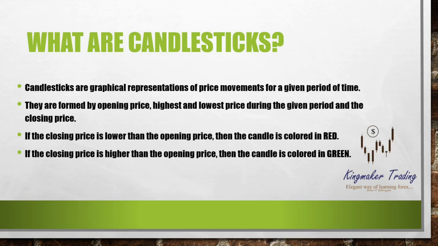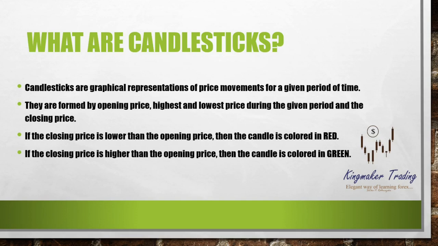They are formed by the opening price, the highest and lowest price during the given period, and the closing price. Let's talk about this later in the video. If the closing price is lower than the opening price, then the candle is colored red.